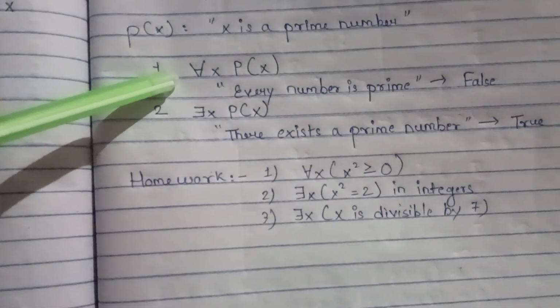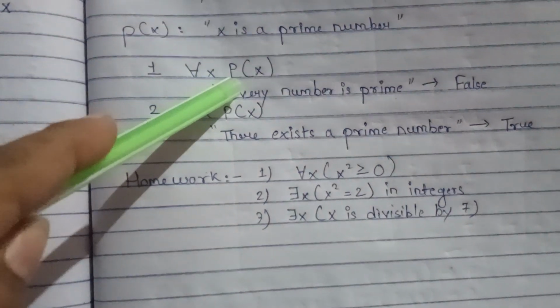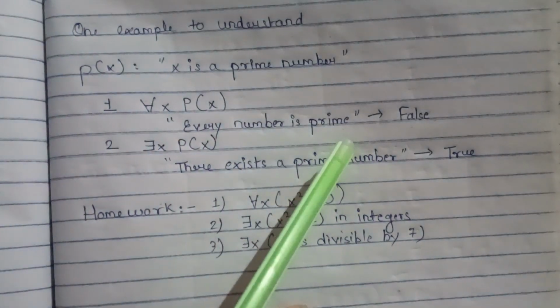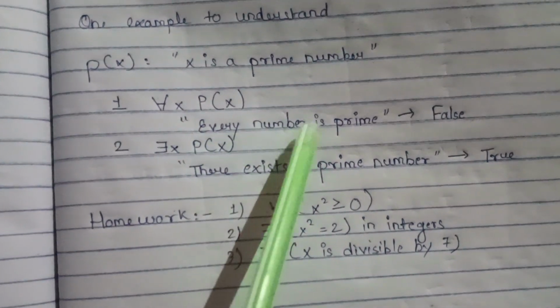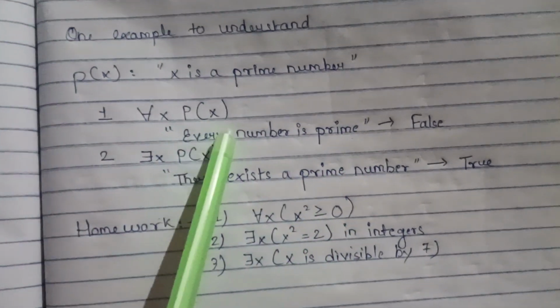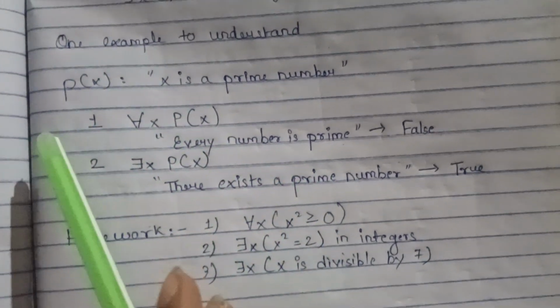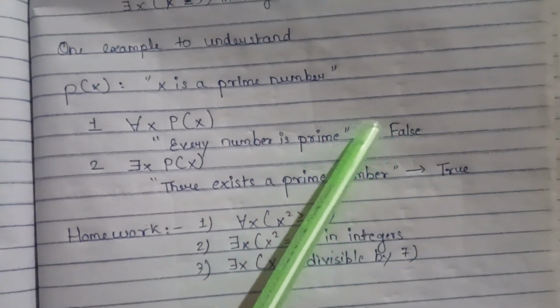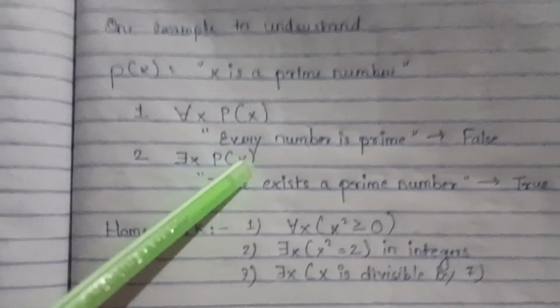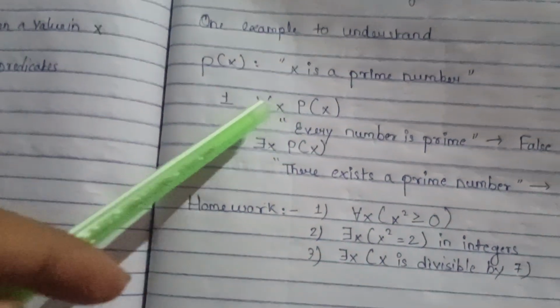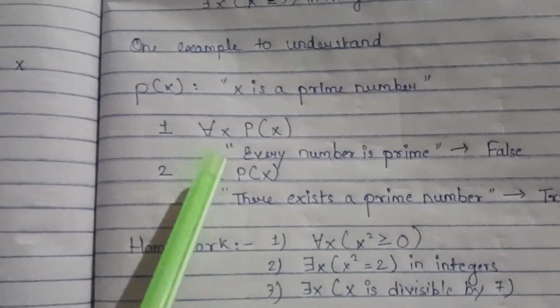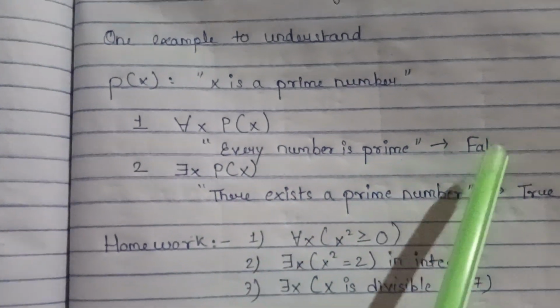So for all x, P(x): is every number a prime number? No. There are some numbers which are prime and some are not, so it will be false, because universal needs everything to be true. So this is false.